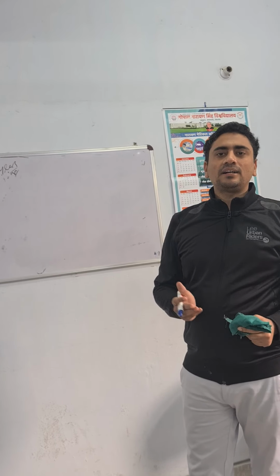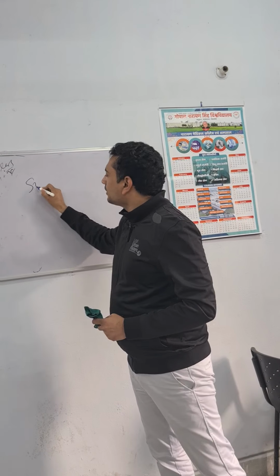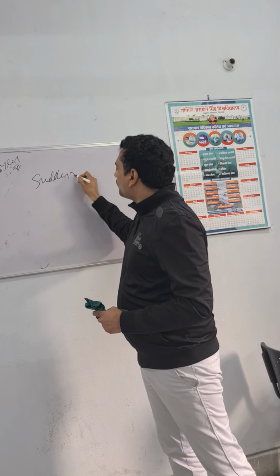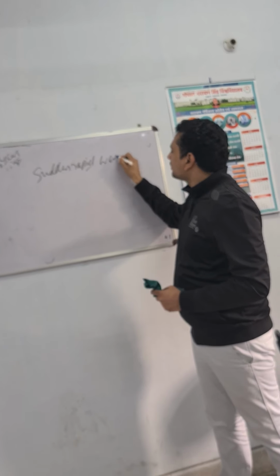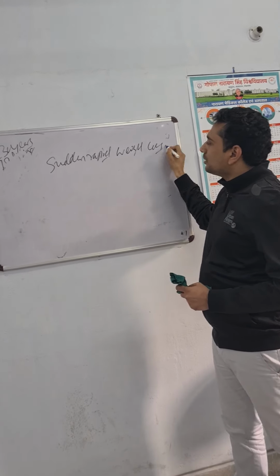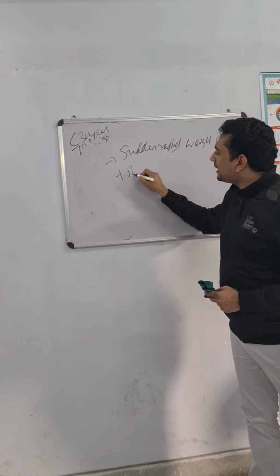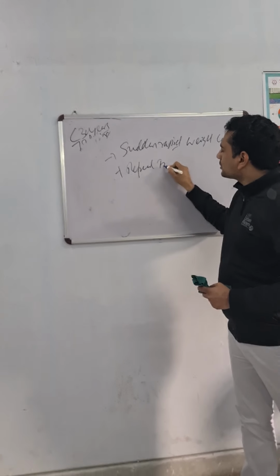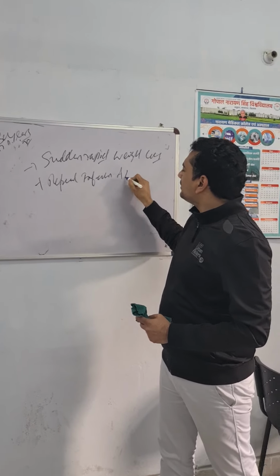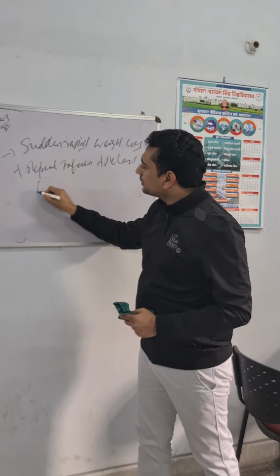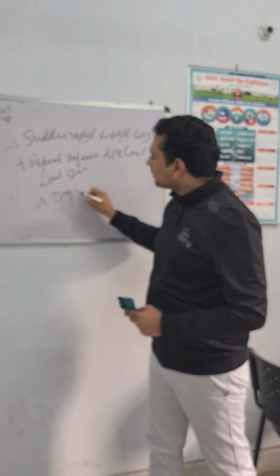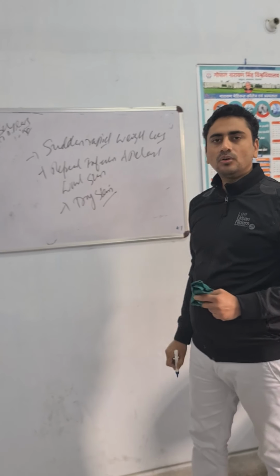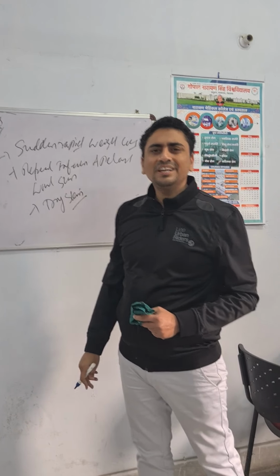And apart from that, there could be sudden rapid weight loss due to increased lipolysis. There could be repeated infection and delayed wound healing. There could be dry skin due to dehydration, and there will be reduced skin turgor.